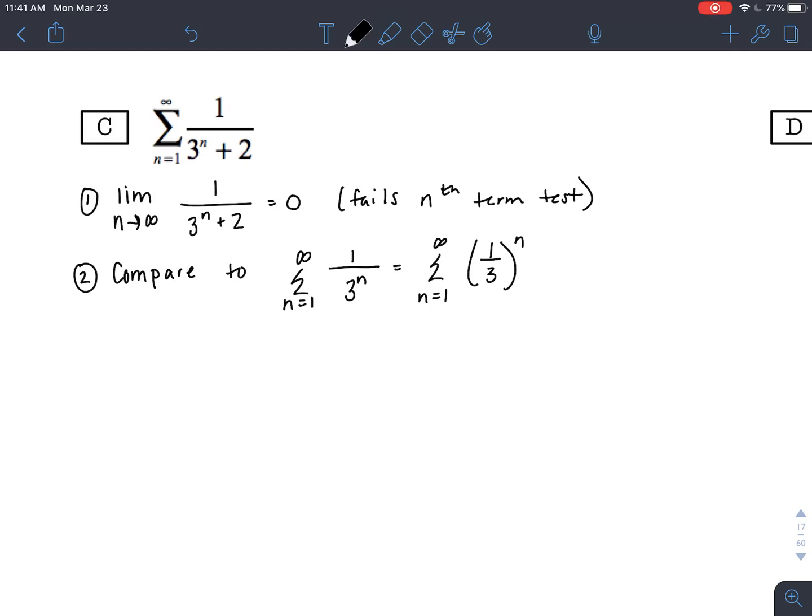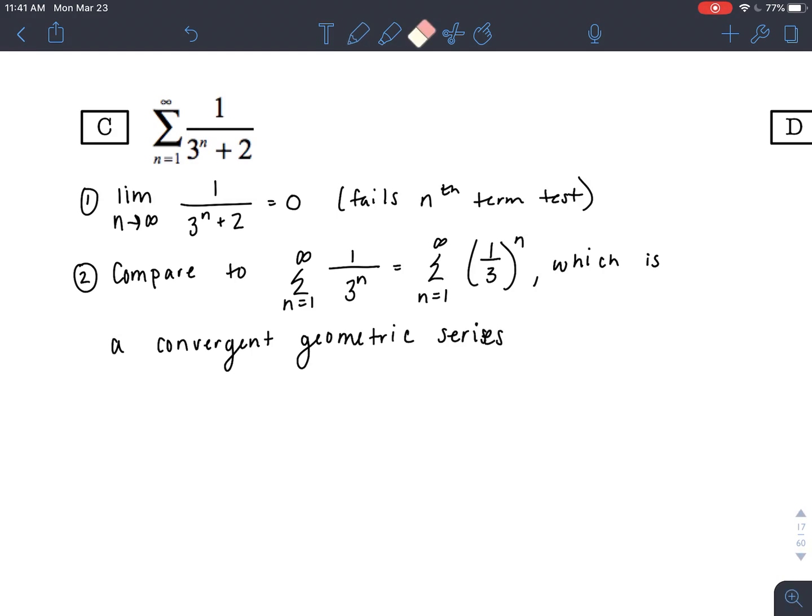And now this is a geometric series because we have something being raised to a variable exponent, and because 1/3 is less than 1, we have a convergent geometric series here, right? Which is a convergent geometric series.